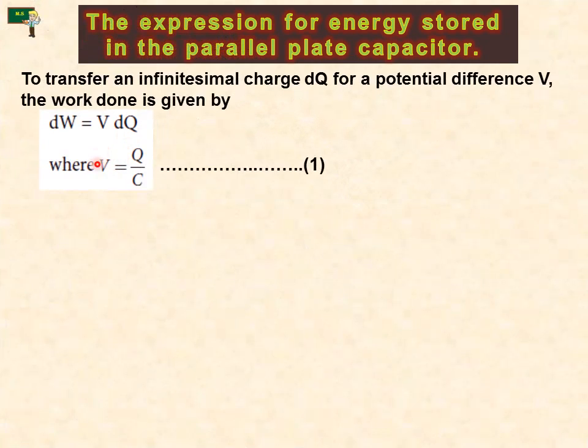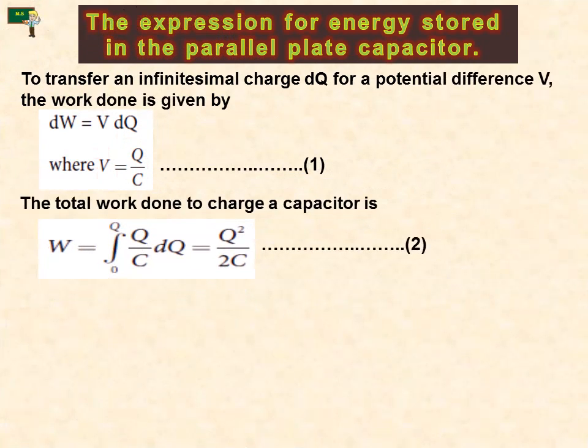Already we know V is equal to Q by C. So, the work done to charge a capacitor is W equal to the integral from 0 to Q of q by C dq. If you integrate this, you will get Q square by 2C, because this starts from 0 to Q.